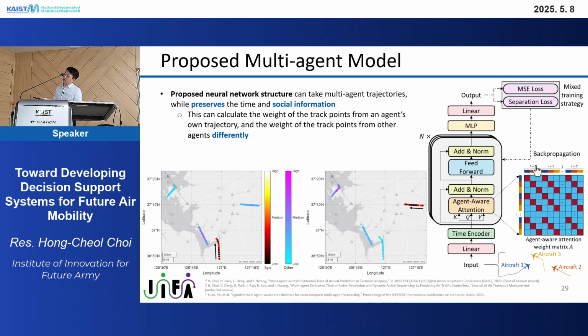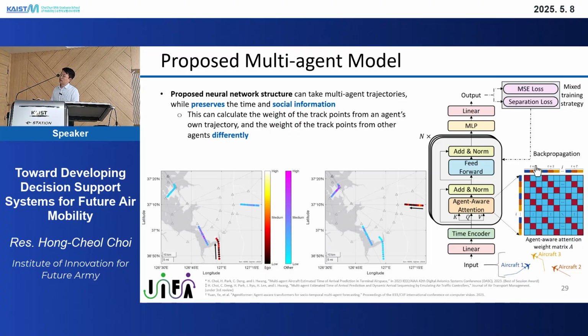And in these examples, it attends more to this already approach phase aircraft. So this means this aircraft tries to land after this aircraft. So by using this attention weight, we can understand which predictions originate from which weight, like this.